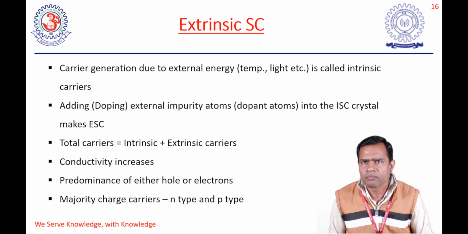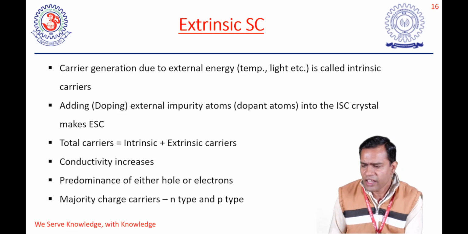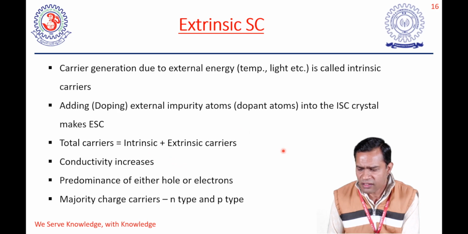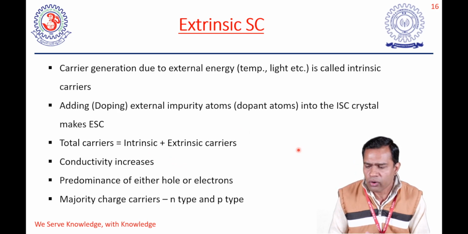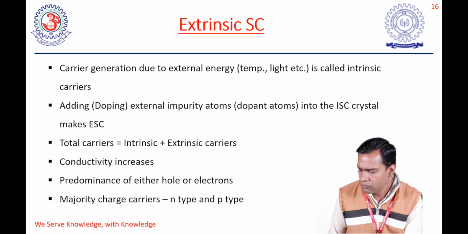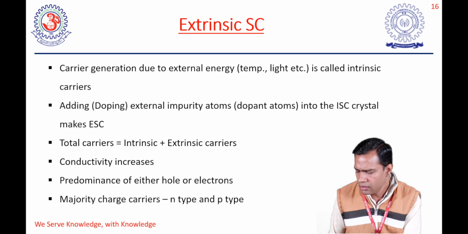Using doping, we can create an extrinsic semiconductor. An extrinsic semiconductor may be p type or n type. So conductivity can be increased using doping. This is our purpose. And the predominance of either hole or electron depends on the impurity we are using.